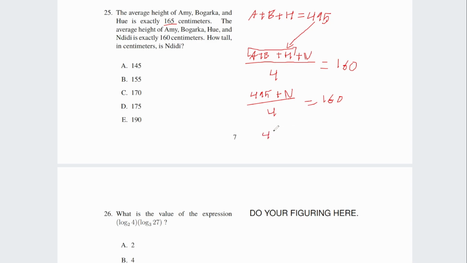We can say 495 plus Ndidi is equal to 640.